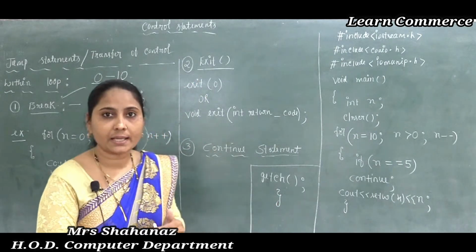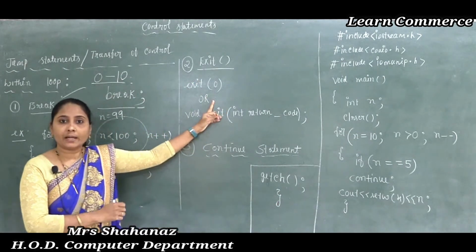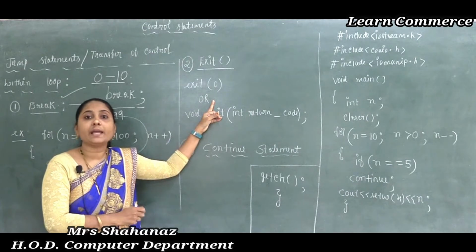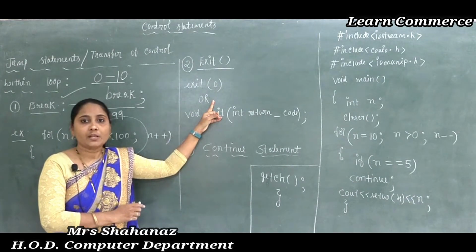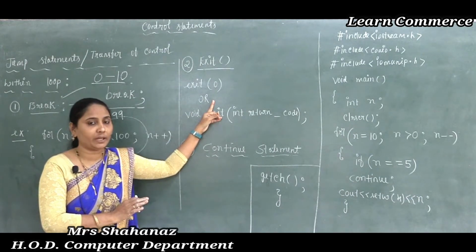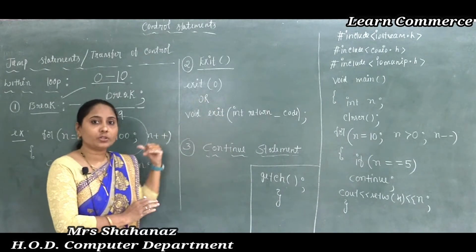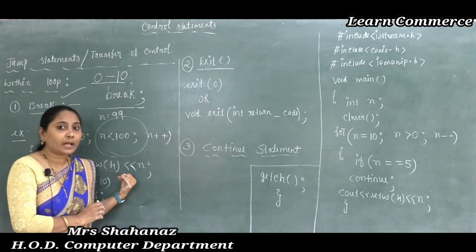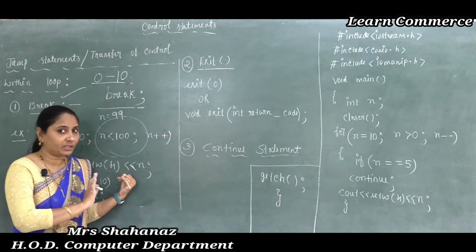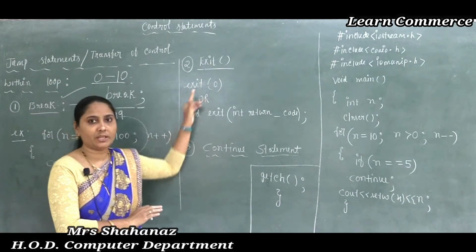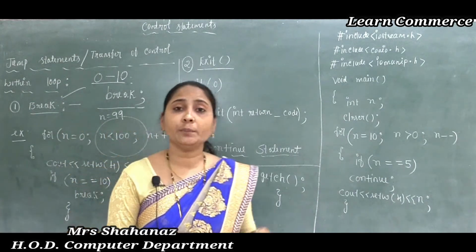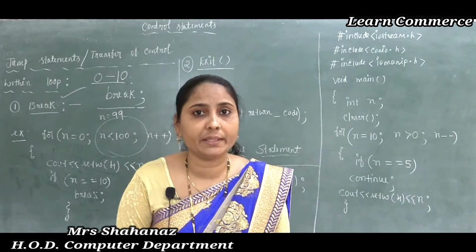So we can say that the exit function terminates the execution of the program. Is this point clear now? I don't want any confusion here. This one, break, is used to terminate the loop, not the program, but the exit function is used to terminate the program.